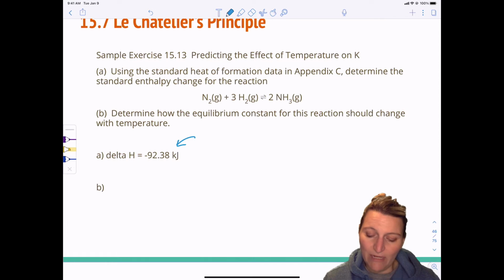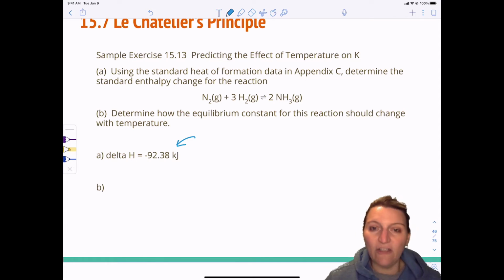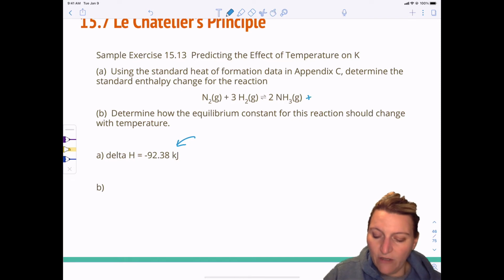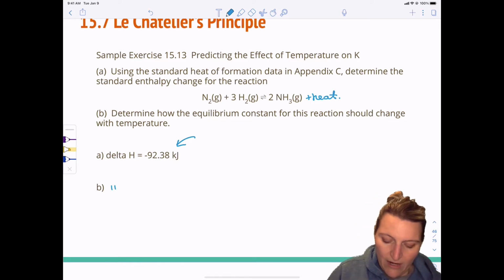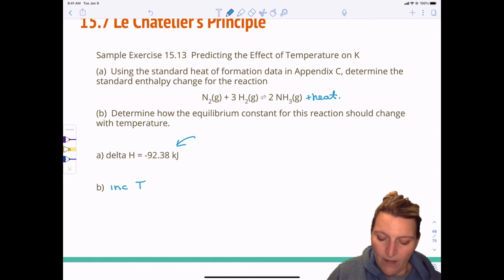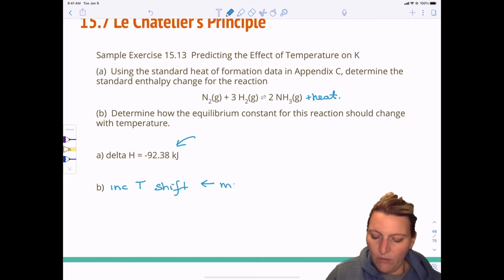And then B says, how would the equilibrium constant for this reaction change with temperature? So if delta H is negative, that tells us that this reaction is exothermic. And because this reaction is exothermic, heat can be thought of as a product. So when I increase the temperature, the reaction will shift backwards to the left, which would mean more reactants would be made.